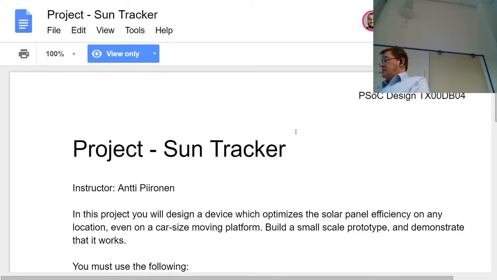A flame sensor would work also somehow. Moisture sensor. IR emission, IR receiver. I don't see any.